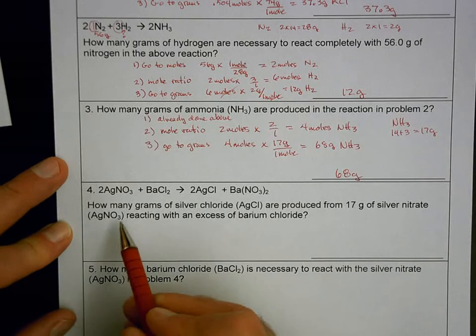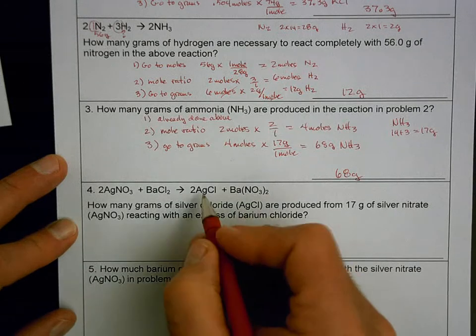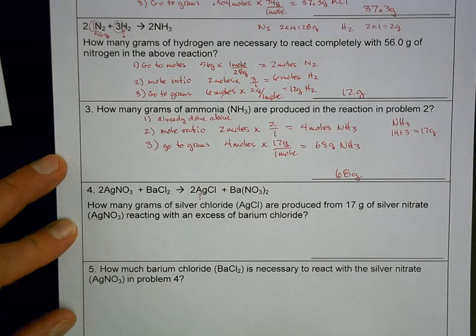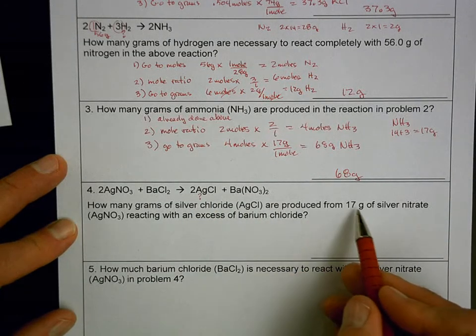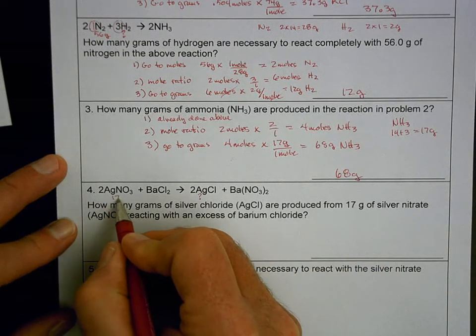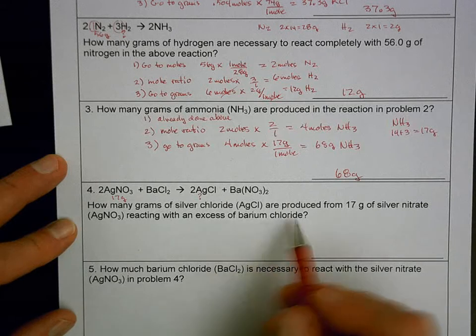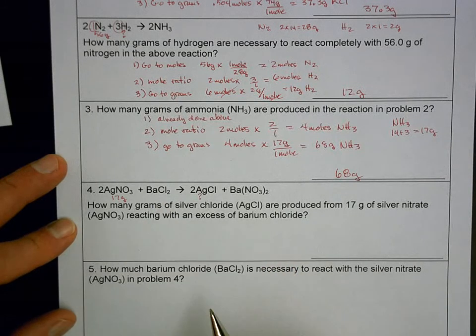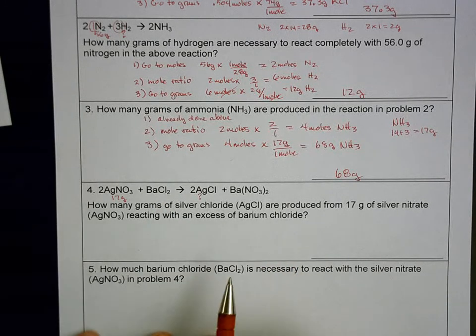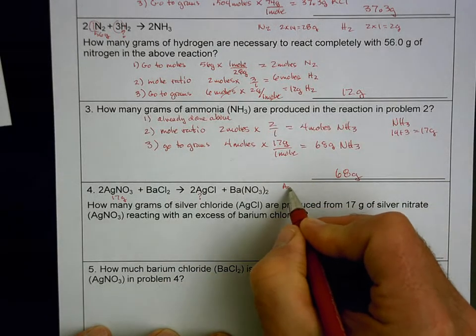Okay, number 4, how many grams of silver chloride, AgCl, so here's my question mark, are produced from 17 grams of silver nitrate? So there's what I already know. With excess barium chloride, I have all the barium chloride I need. So obviously I'm going to need some molar masses here, so let's work off of the AgNO3 first.